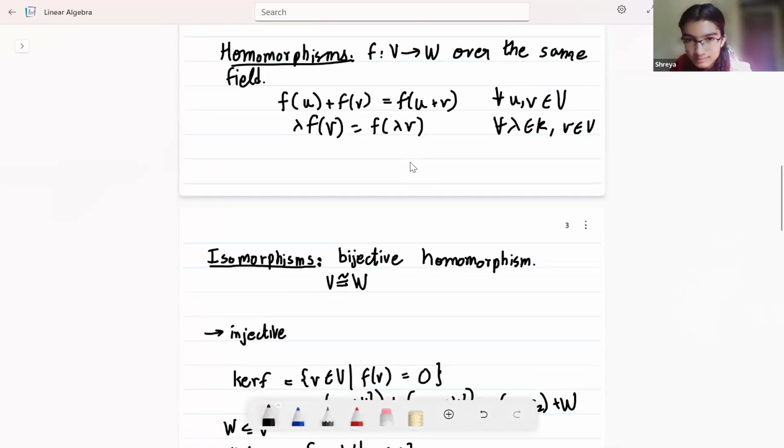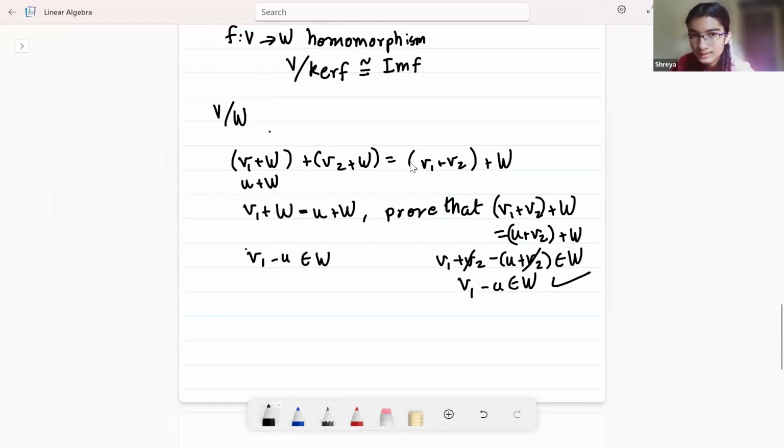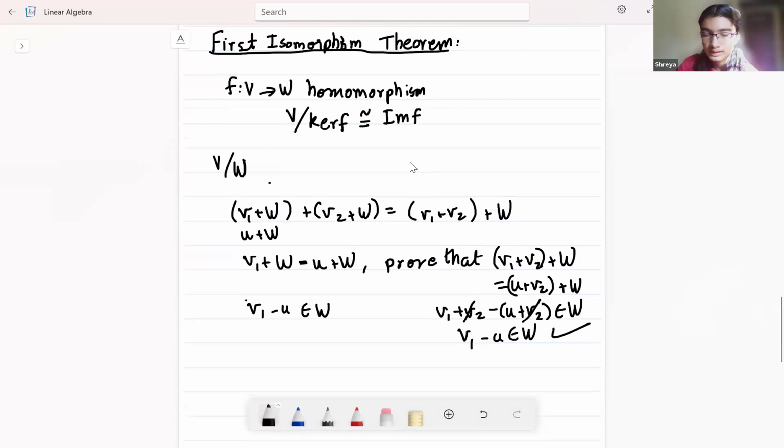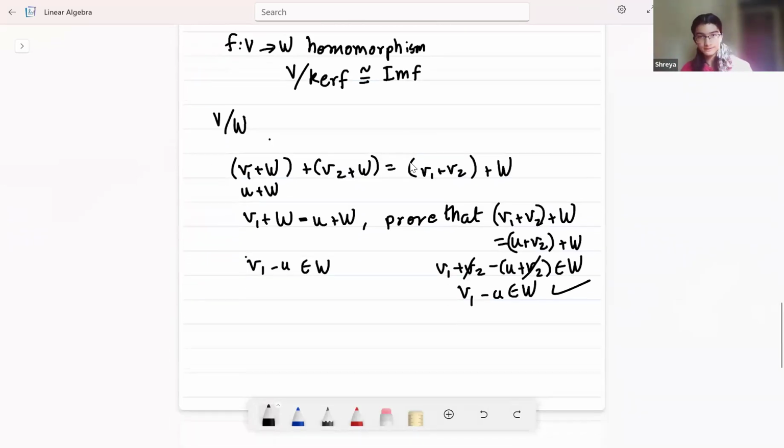So we can cancel v2 from here, and we get that we need to show v1 minus u belongs to W, which is true. So that proves that our notion of addition over here is well defined.